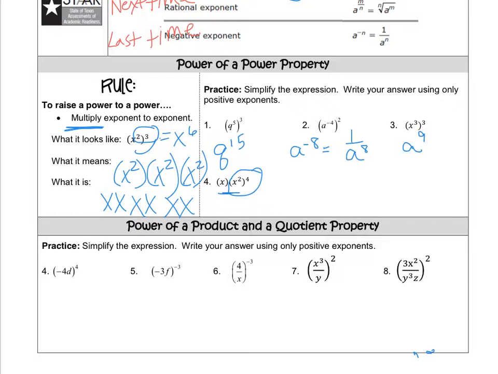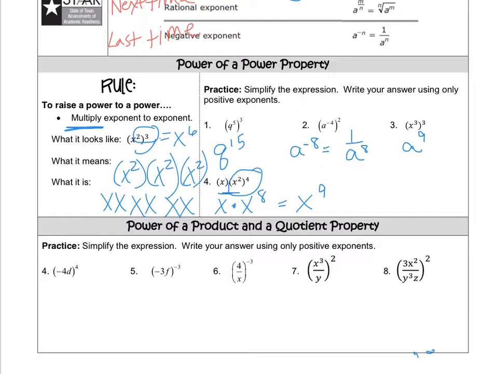So what this comes down to is x times x squared to the 4th, 2 times 4 is 8, so x times x to the 8th. Okay, so now we're multiplying, back to the rule we learned last class. When you're multiplying bases that have exponents, you add the exponents. So the answer comes out to x to the 9th power.